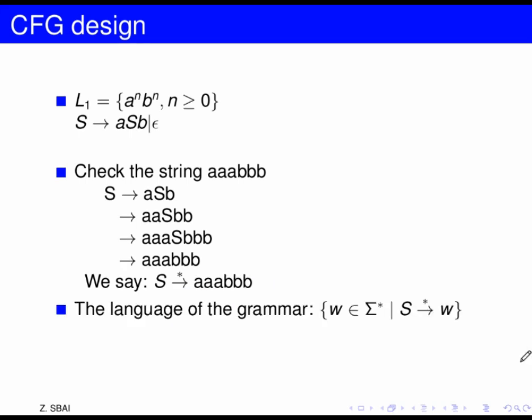And here we say that the language of the grammar is composed of all the strings W in sigma star, such that W can be derived from S.